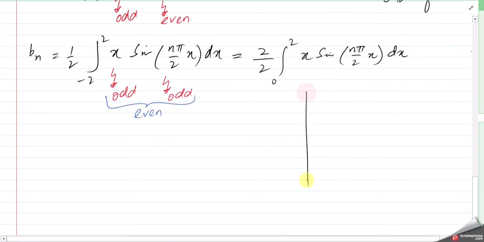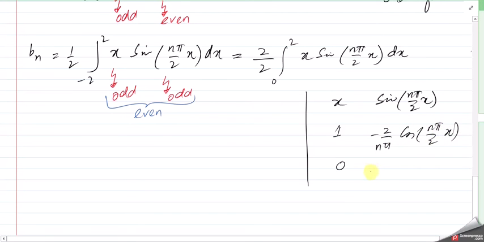Let's see if it can be of any benefit to us. X sine n pi by 2 x. We differentiate this one 2 times, integrate this one, minus 2 over n pi cosine n pi by 2 x, and then again minus 4 over n squared pi squared sine n pi by 2 x, and plus and minus.